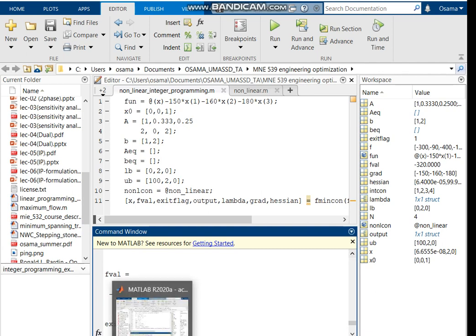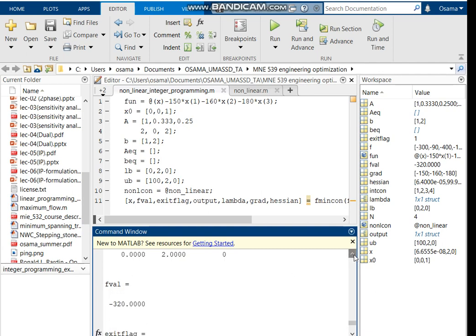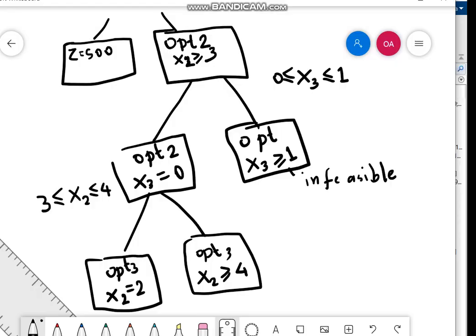So 320, and let's see if we have, yes, all of them are integer. So here z is equal to 320. Let's check out the last one.